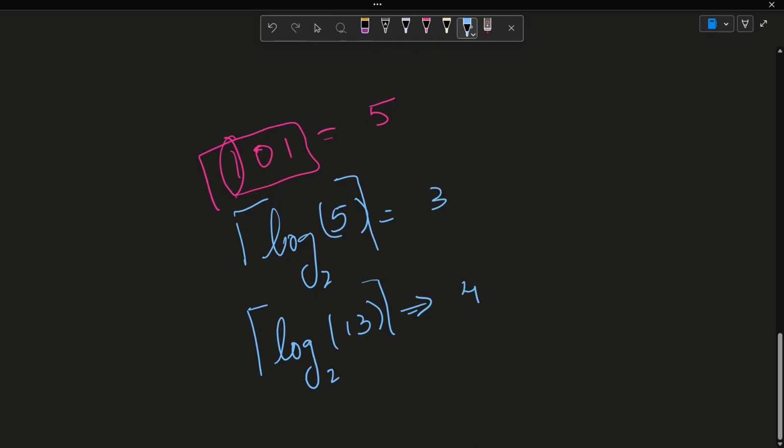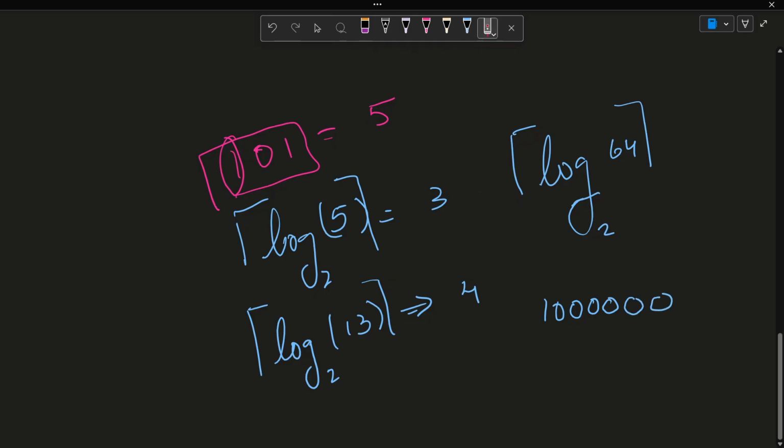Let's look at one more example: log base 2 of 64. How many bits does 64 have? Let us write it like this: this is 1, this is 2 in binary, this is 4, 8, 16, this is 32, and this would be 64 in binary. I assume I'm not wrong.